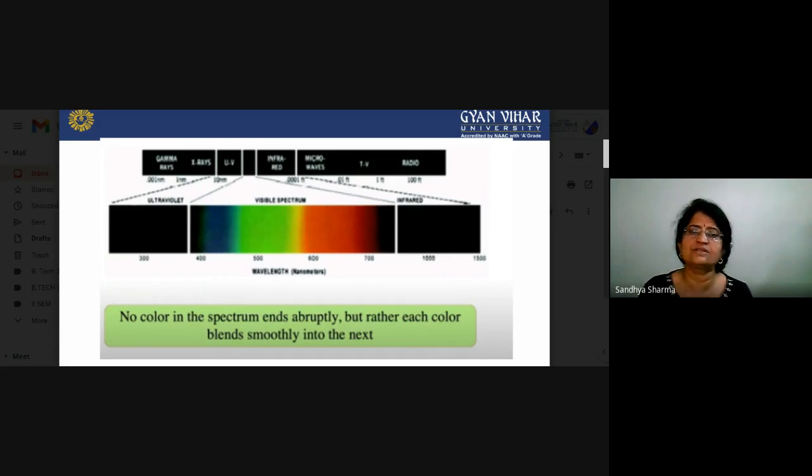This is the basic fundamental color theory by which we can generate different colors. No one color ends suddenly; they mix smoothly into the next color. In the intermediate part between the RGB colors, different shades will be generated.